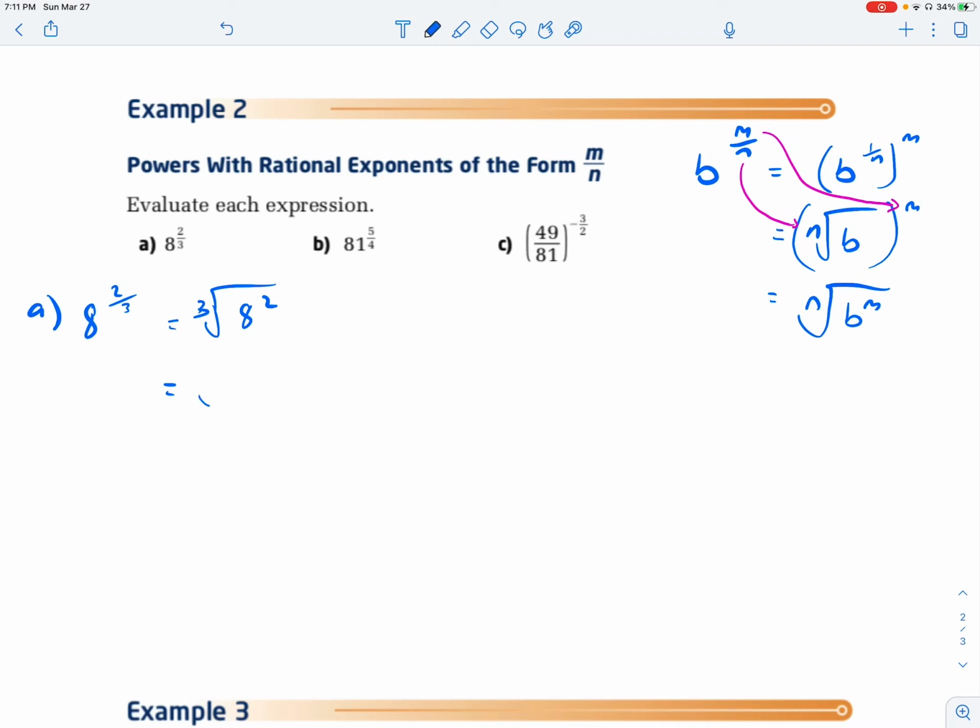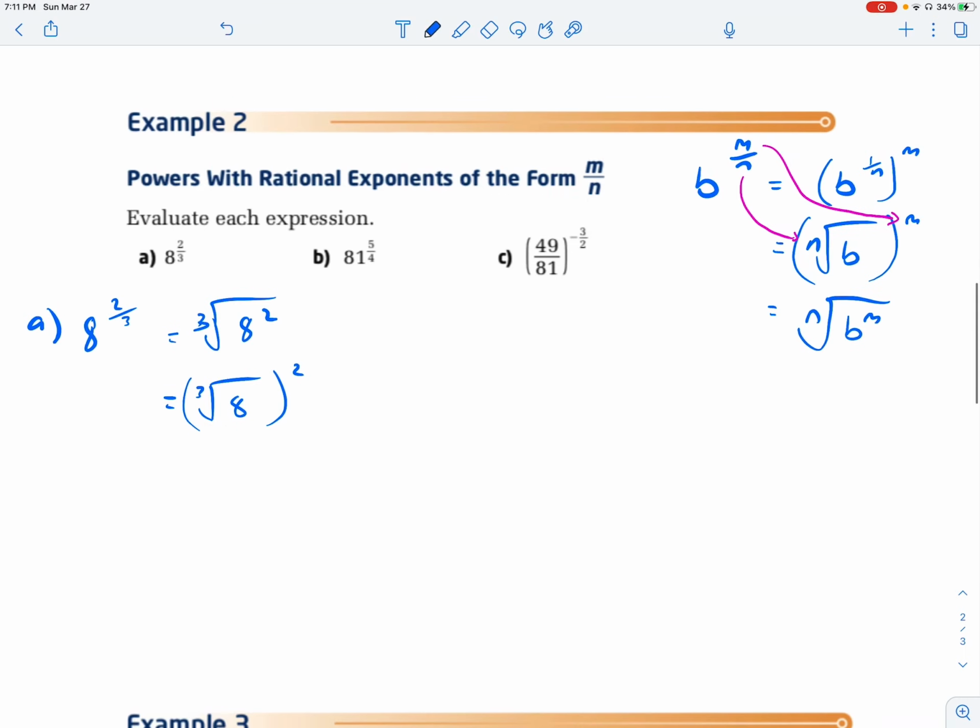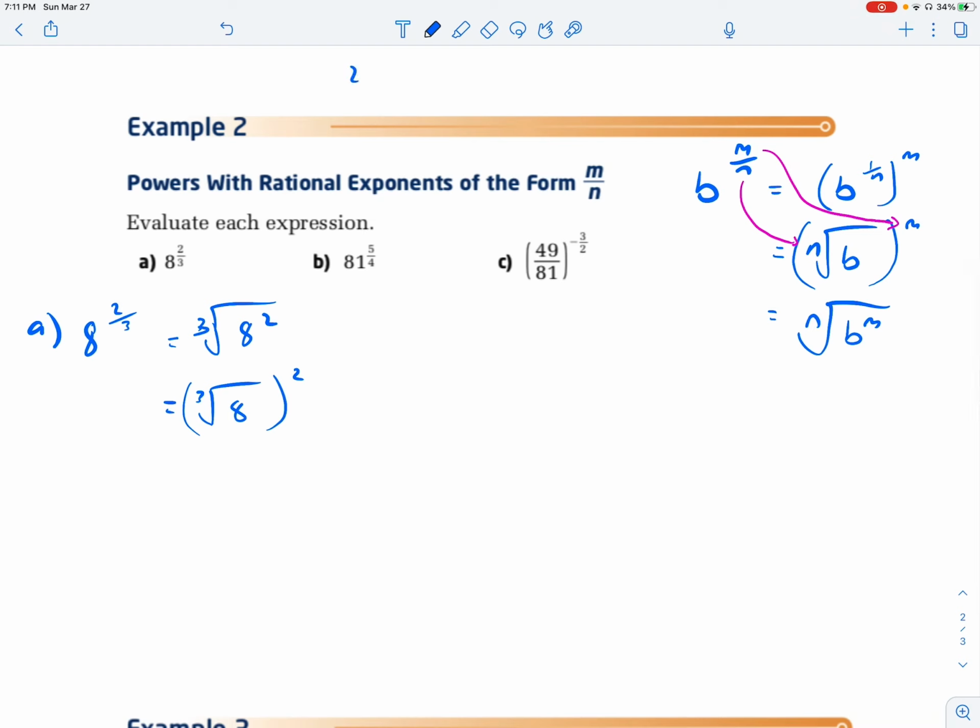I'd rather write it as the cube root of 8 and all of that squared, because I can easily do the cube root of 8. What number cubed equals 8? What number times itself 3 times gives me 8? Well, that's just 2. And 2 squared is 4. So that's our final answer.